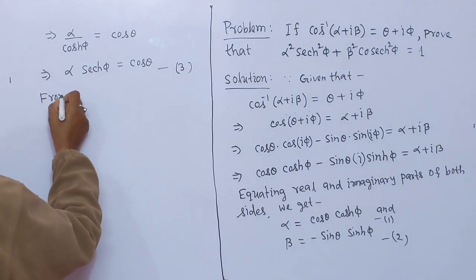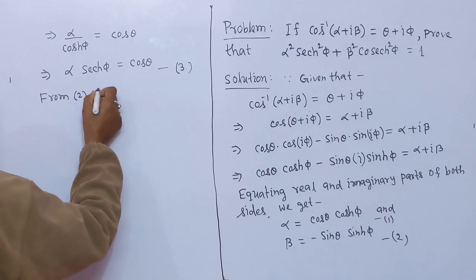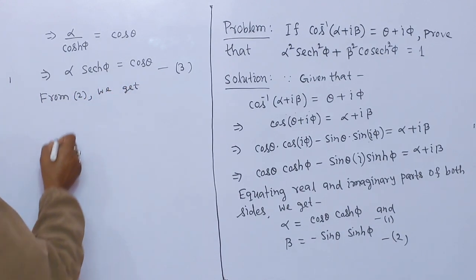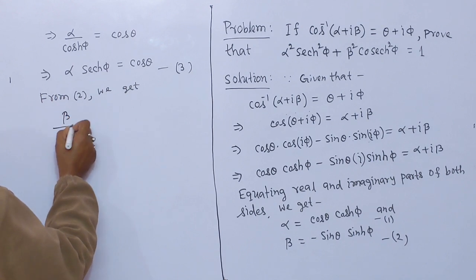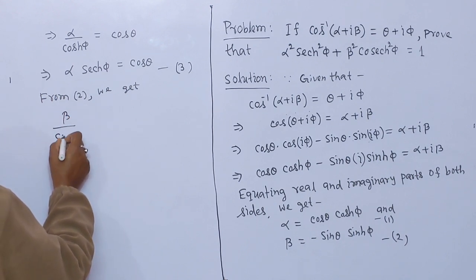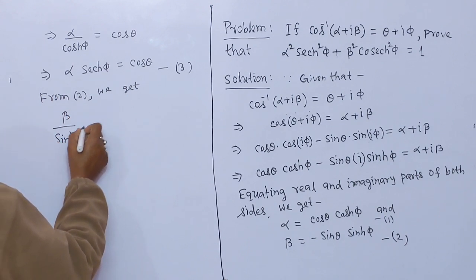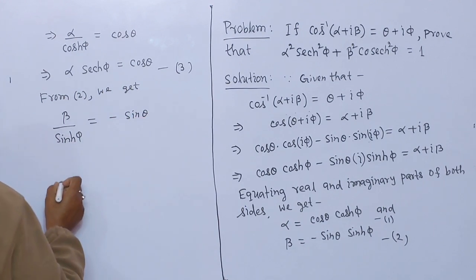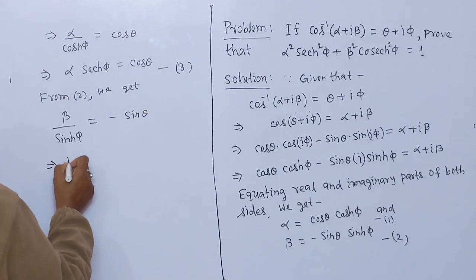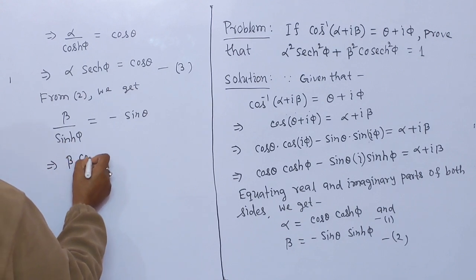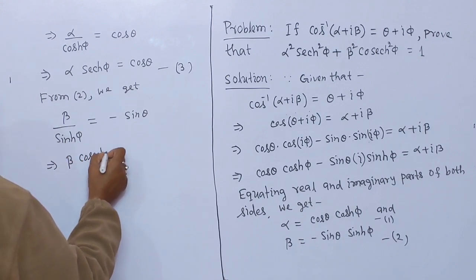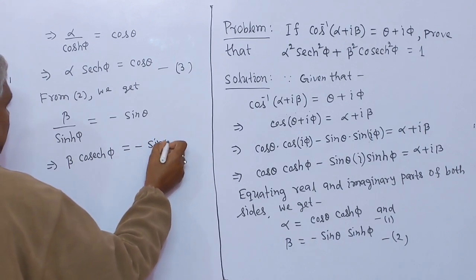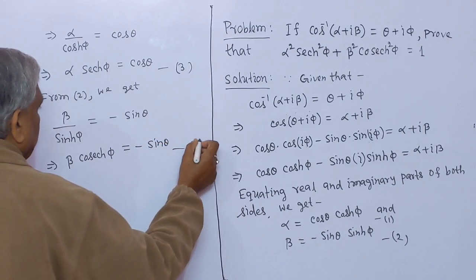From 2 we get beta by sin hyperbolic phi equals minus sin theta. This implies that beta cosec hyperbolic phi equals minus sin theta. This is number 4.